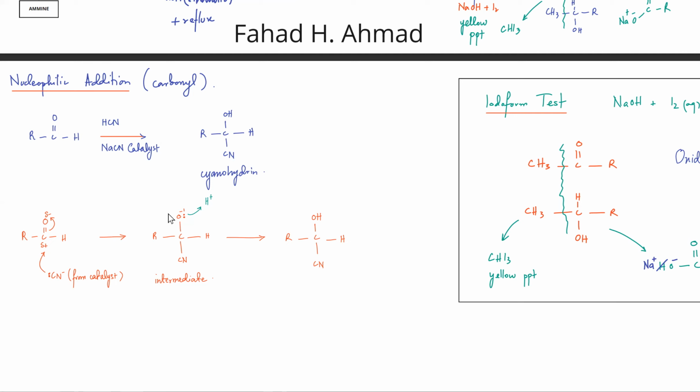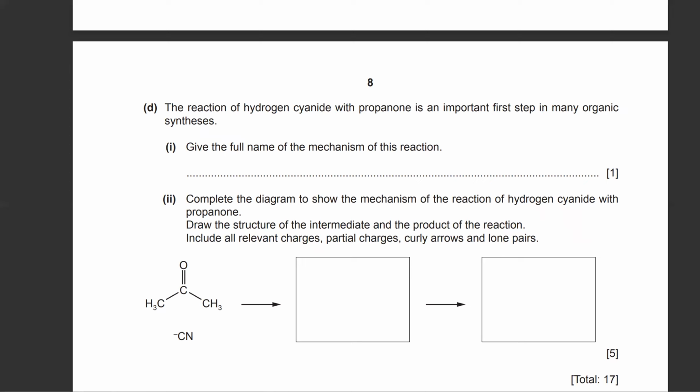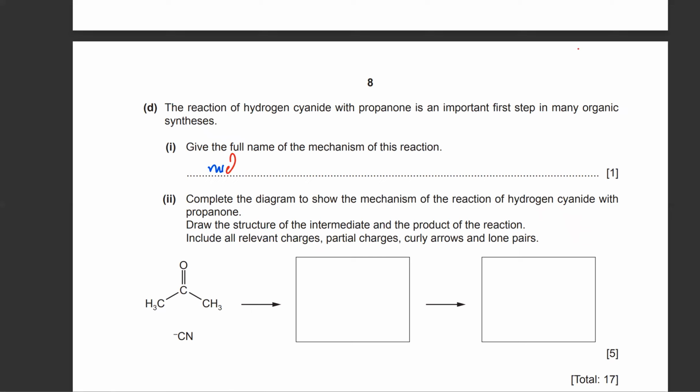There the negative charge would accumulate, and then it will attract the H+ from HCN and form an alcohol. So this is nucleophilic addition, and he's asking for the mechanism as well for this reaction. So they draw it and also write the name: the name is nucleophilic addition.